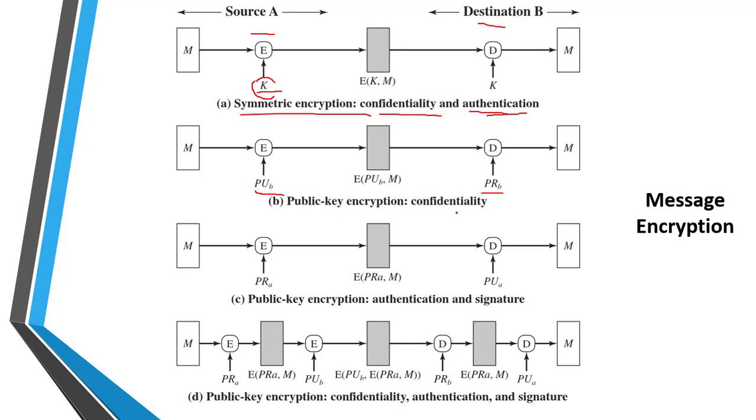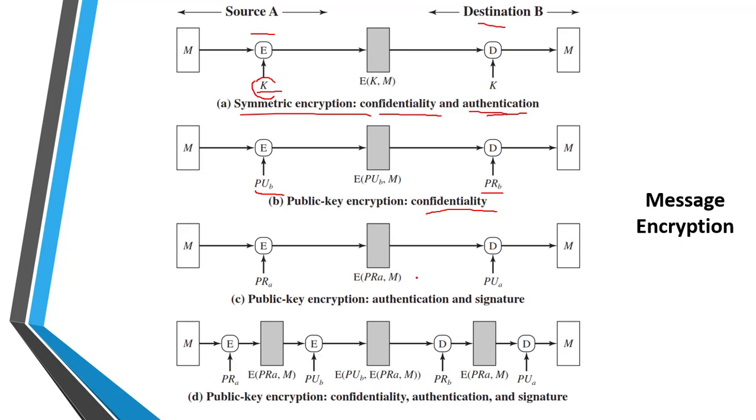Here we are only getting confidentiality and not authentication, because any user could use B's public key to encrypt a message and claim that it is from A. So here we are not getting authentication and we are only getting confidentiality.